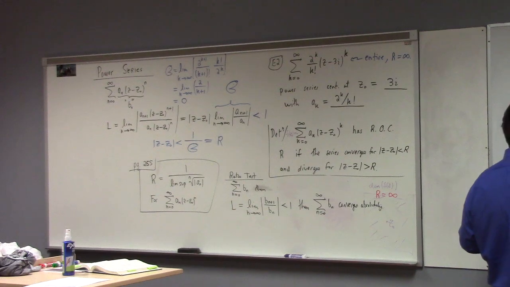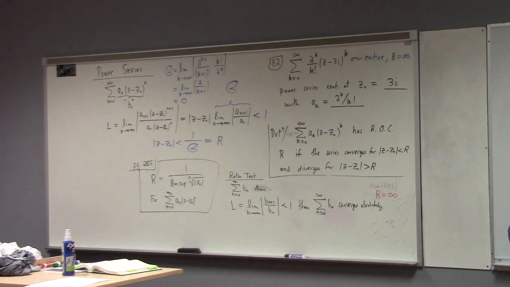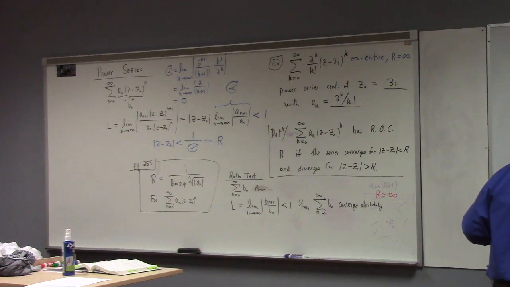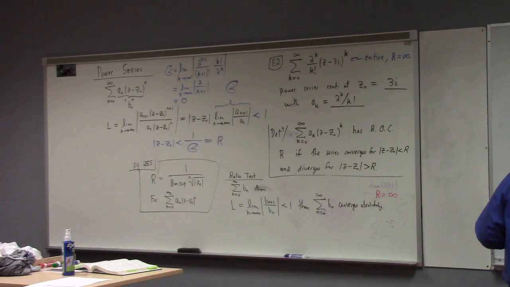I'm going to put the conclusion down here. a sub k is equal to 1 over 2 pi i times the integral over the circle, modulus of w minus z naught equal to r, of f of w over w minus z naught to the k plus 1 dw.